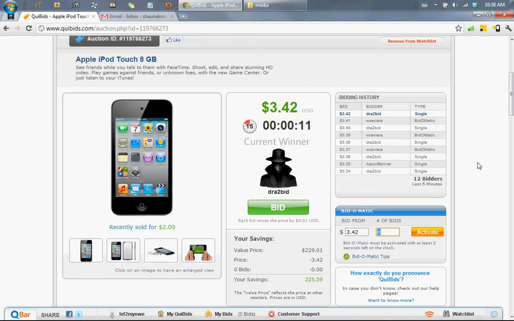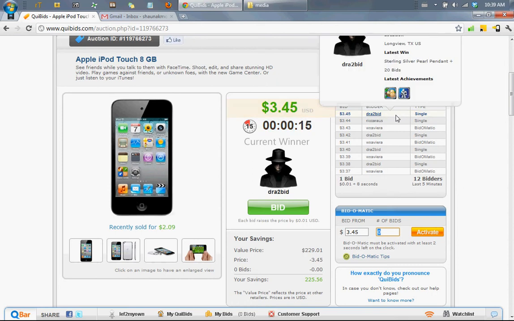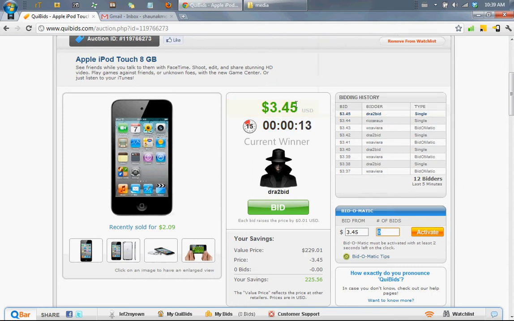Oftentimes the bid-o-matic is a strategy for people who are going against someone who's being very aggressive, and those very aggressive people will constantly come up over the bid-o-matics in an effort to be the current winner.